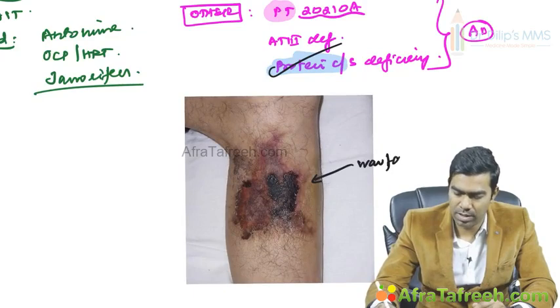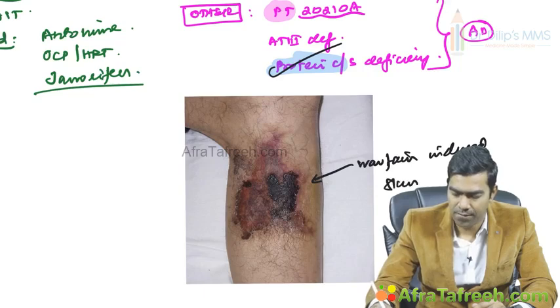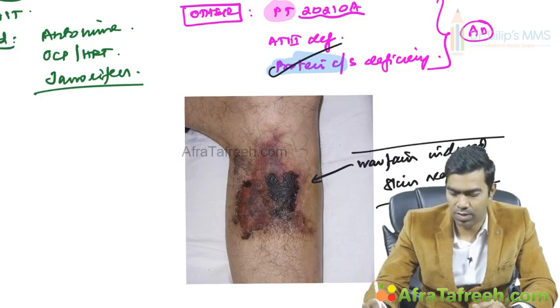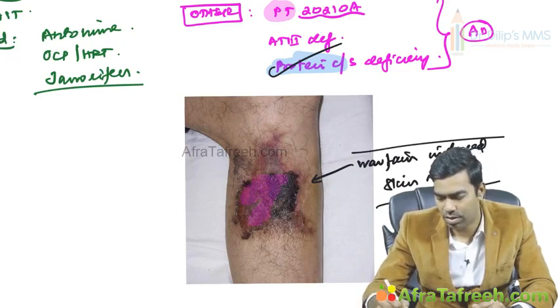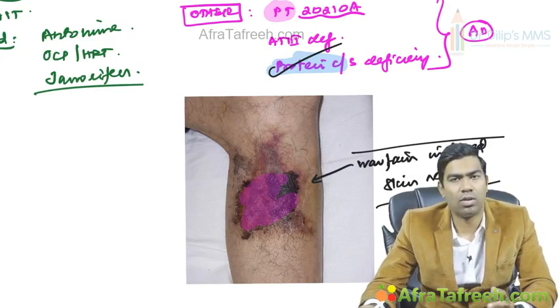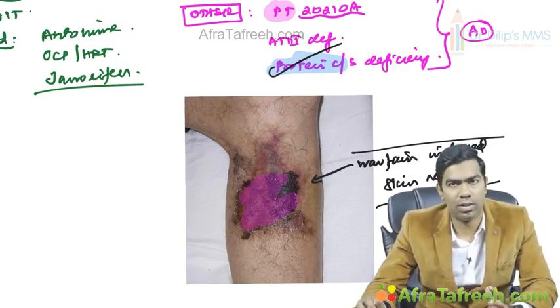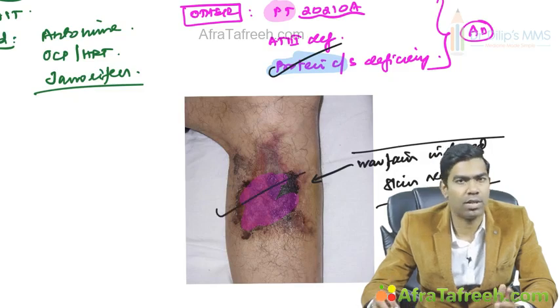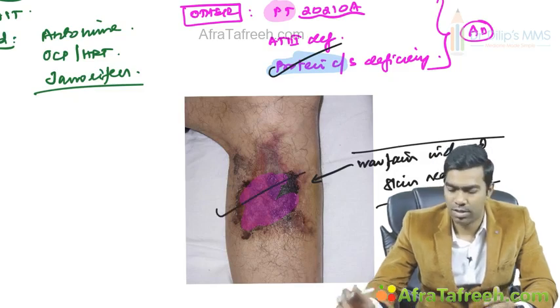This patient was given warfarin recently, 3 to 4 days ago, and presented like this. Your kidney problem, calciphylaxis, also looks similar to this, but in the context of warfarin, you have to diagnose it as warfarin-induced skin necrosis.